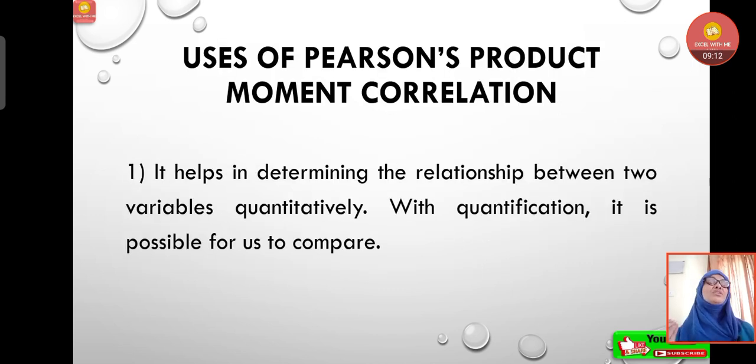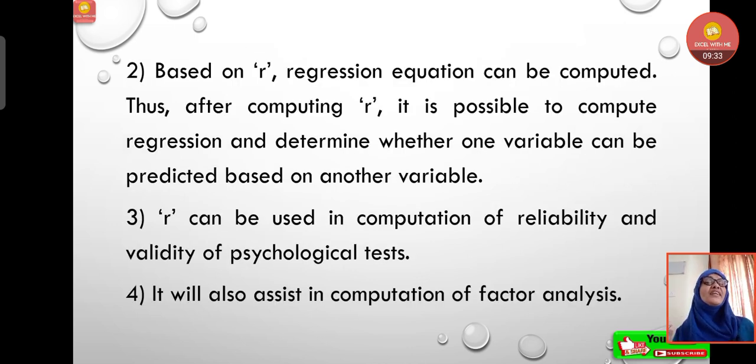Now what are the uses of Pearson's product moment correlation? Let's quickly understand. It helps in determining the relationship between two variables quantitatively. With quantification, it is possible for us to compare. That is, we need numerical data quantitatively, then only we can treat those variables. Now based on R, regression equation can be computed.